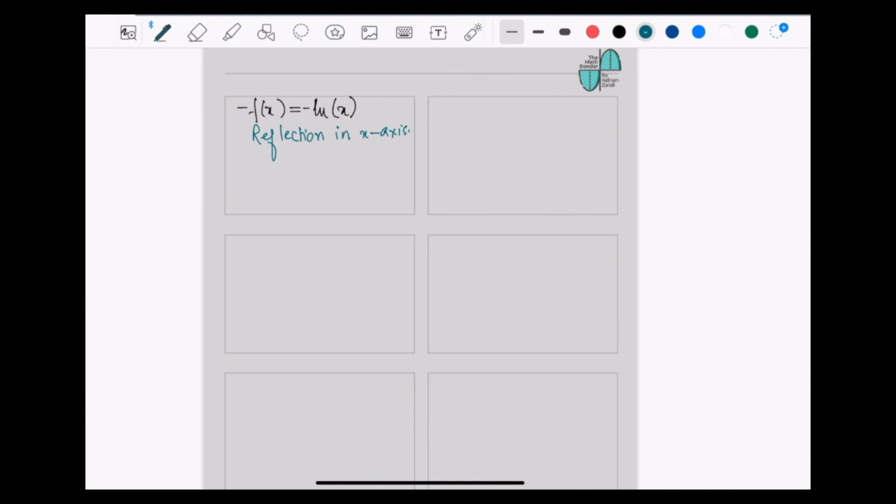The graph looks like this. So the point does not change, but the shape changes. Originally, you see the graph like this. The asymptote line is the same, so this is negative f of x.